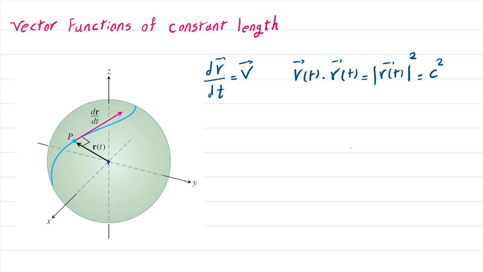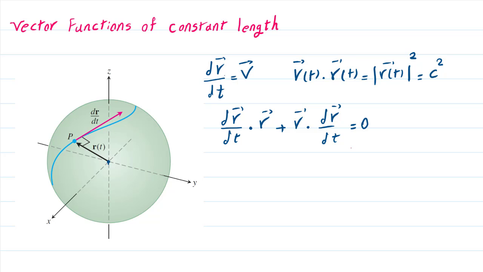By differentiating both sides of this equation, the derivative of left side is equal derivative of r with respect to the t dot r plus r dot derivative of r with respect to the t is equal derivative of c squared is equal to 0.